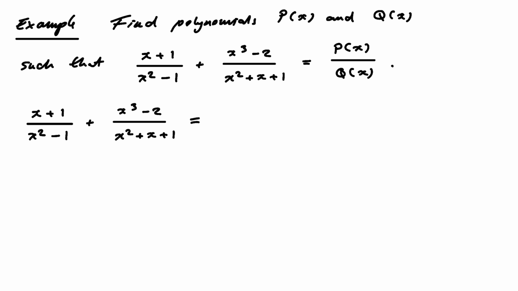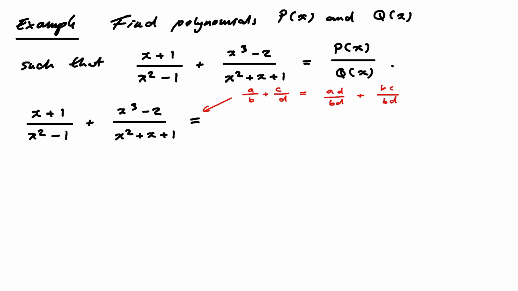Let me just take a moment to think about this. If I take the sum of two fractions, let's say a over b plus c over d, what's it equal to? Well, let me do it first like this. This is equal to ad divided by bd plus bc divided by bd. That's kind of the first step in doing the sum. So let's do that, shall we?